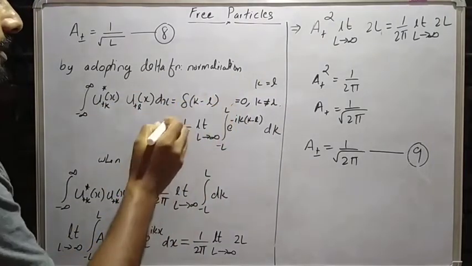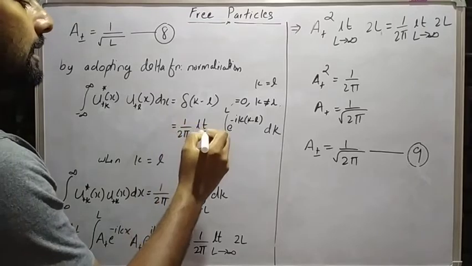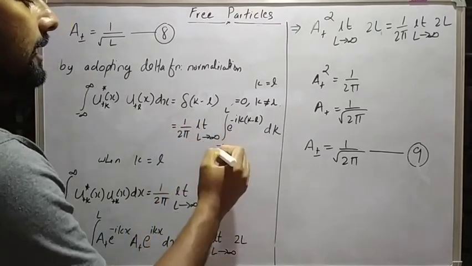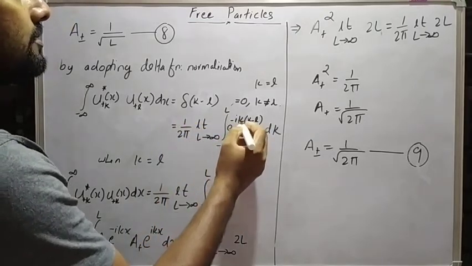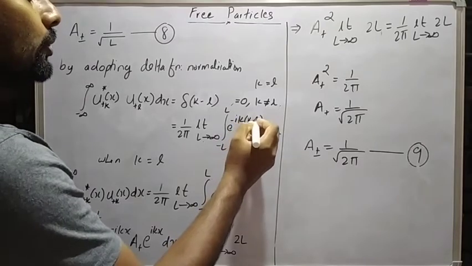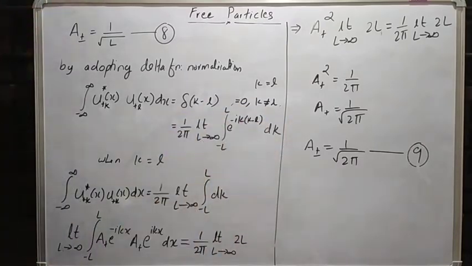This can be written as 1 over 2 pi limit L tends to infinity integral minus L to L e raised to minus ik into k minus L dk by the definition of delta function.